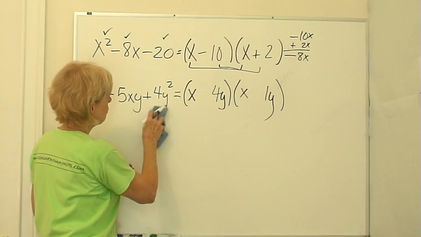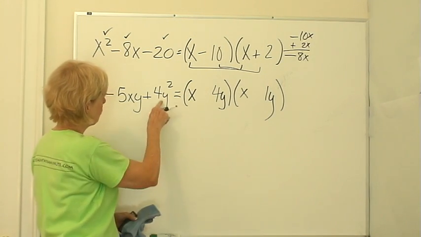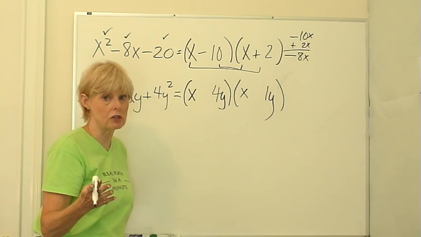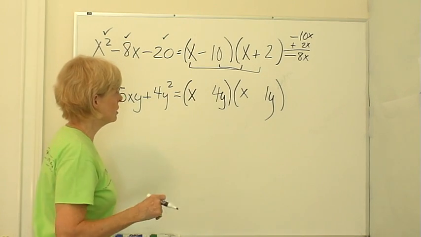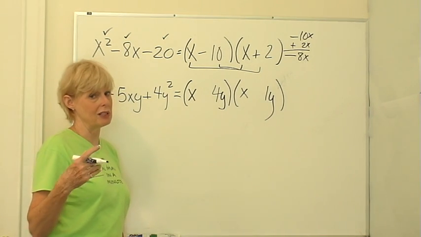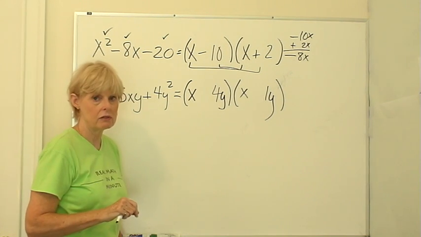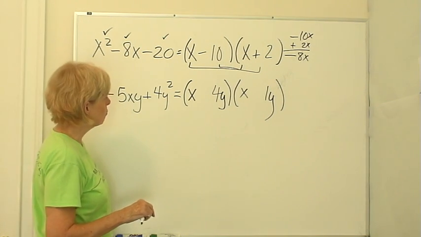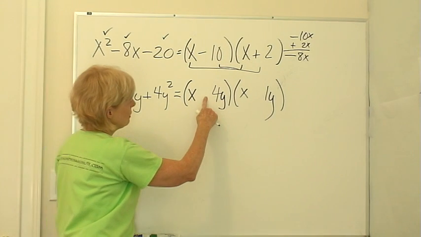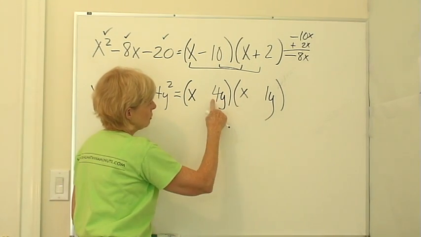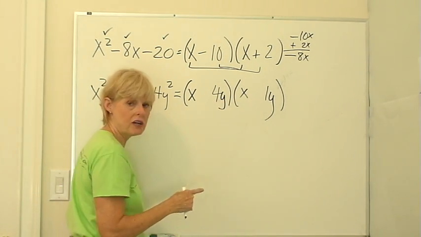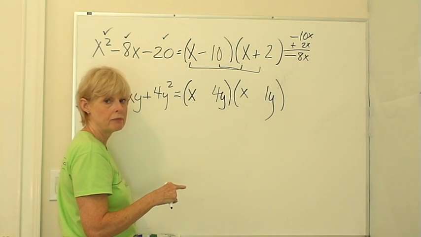So if there's squares on the end and another variable, if they use 2 variables, you use 2 variables. Okay, now let's check it, because we don't have our signs yet, so we have to be careful about this. Our middle sign is a negative. So the only way that we're going to be able to get a negative out of these two, are we going to want to be adding the 4 and the 1 to get a 5, or subtracting them?